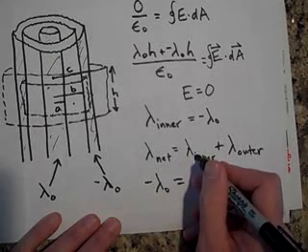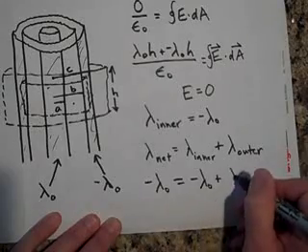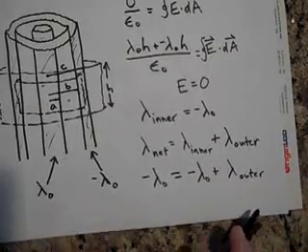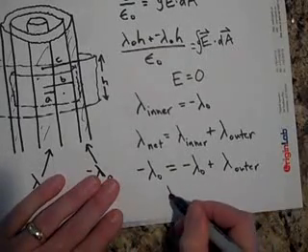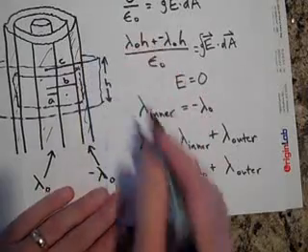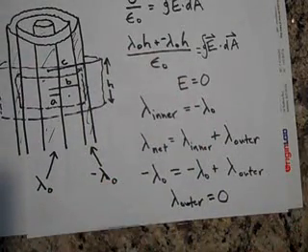That has to equal lambda inner, which is negative lambda naught, plus lambda outer. So you see what lambda is on the outside? It looks like lambda on the outside, the charge per length, how much charge you have for a given length, has to equal 0. All right. Good luck.